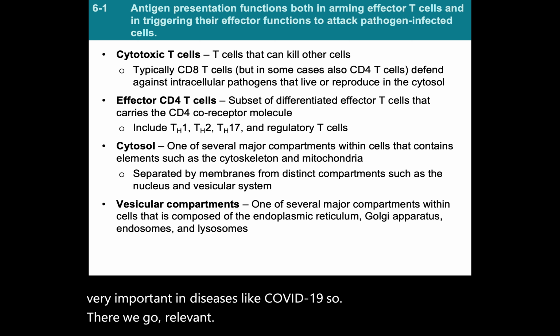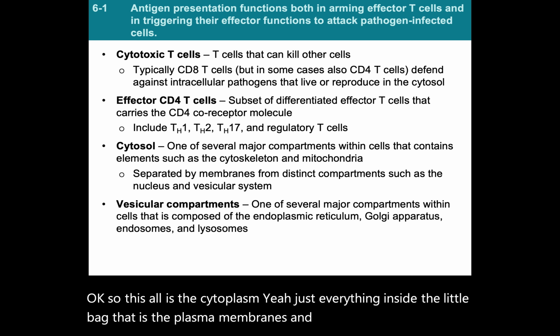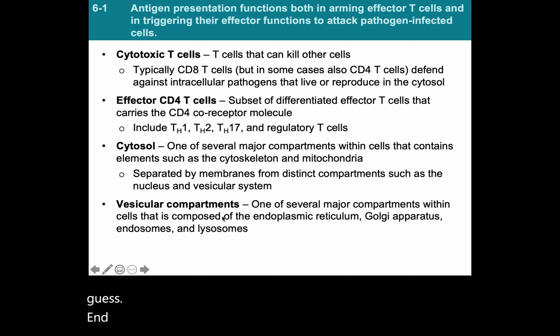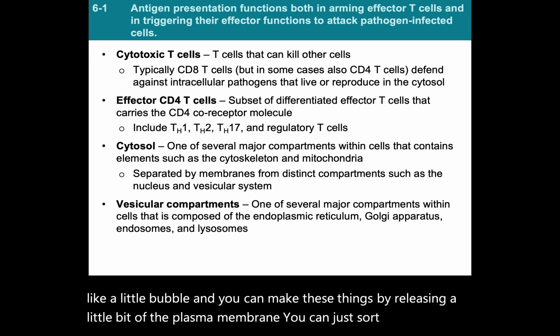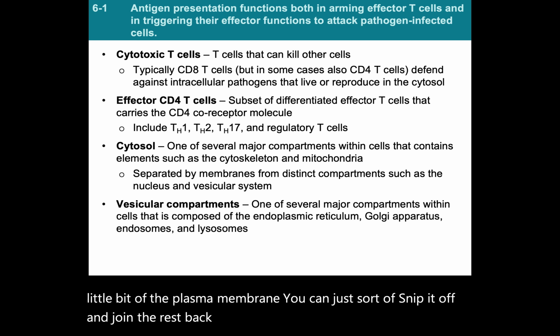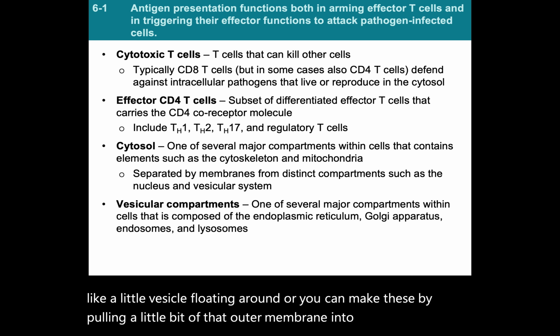Okay, cytosol is the cytoplasm. Just everything inside the little bag that is the plasma membrane and outside the nucleus, I guess. And vesicular compartments. So a vesicle is like a little bubble. And you can make these things by releasing a little bit of the plasma membrane. You can just sort of snip it off and join the rest back together. And you'll make a little bubble. It's like a little vesicle floating around. Or you can make these by pulling a little bit of that outer membrane into the cytoplasm and then snipping it off.